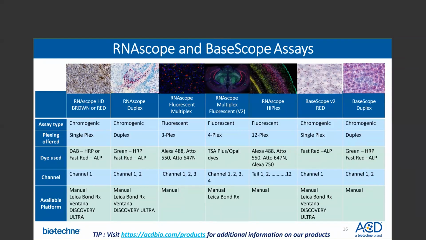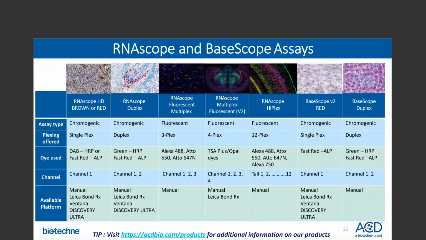Finally, on the far right, the last two columns, we have the BaseScope assay. Again, we have two versions for the chromogenic BaseScope assay. You can visualize it as a single-plex assay using Fast Red, and you can also do duplex detection using Fast Red and green to look at two mRNA targets simultaneously.